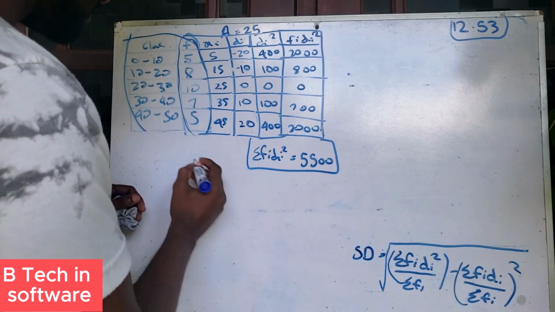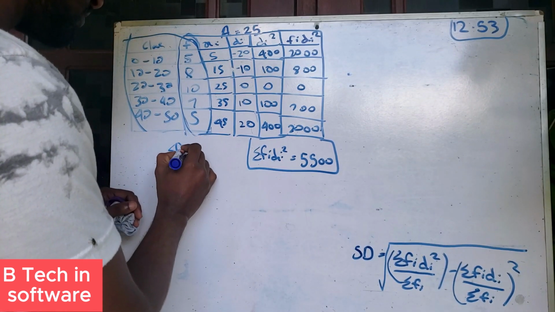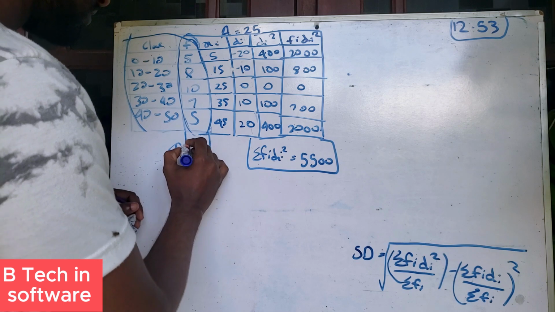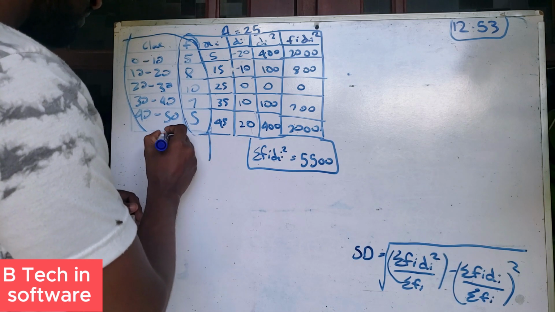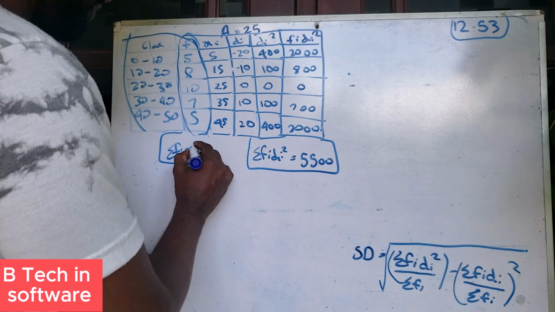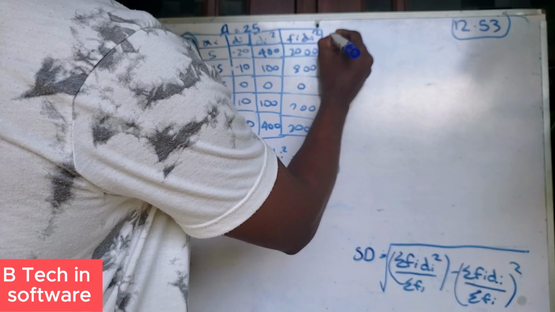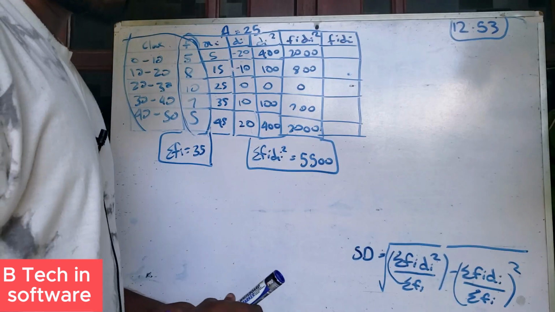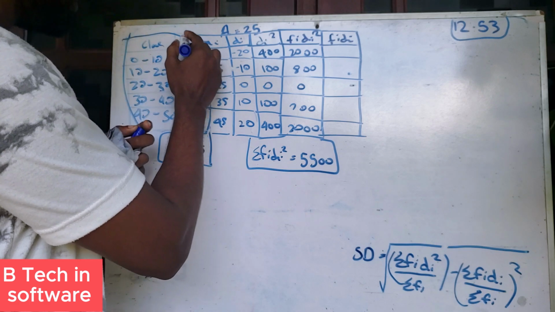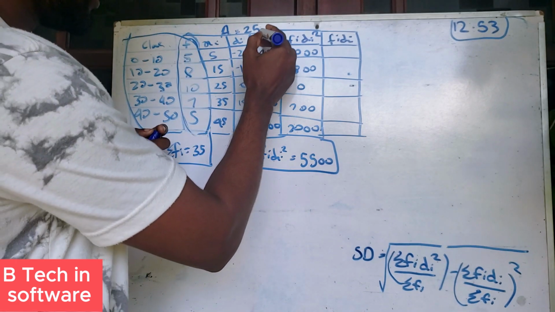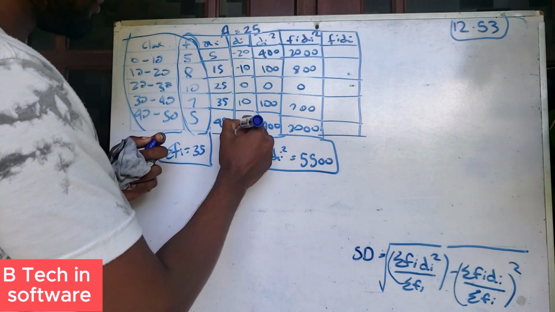And then we need to find the sigma fi value also. Sigma fi value is 35. Also we need to find fi di. To find fi di we can use this f column and di column.